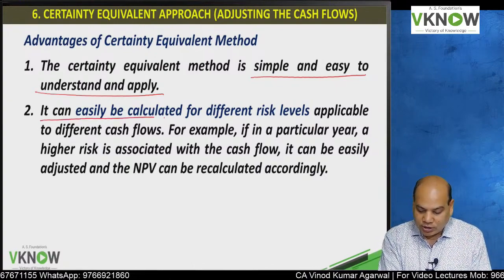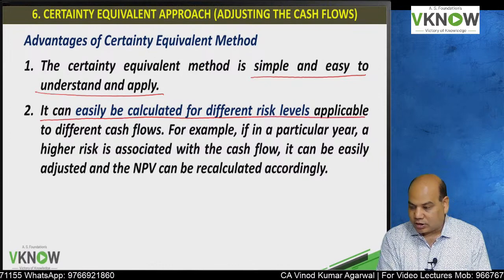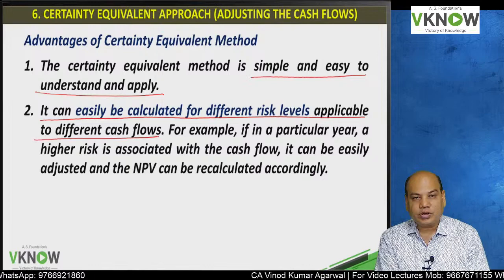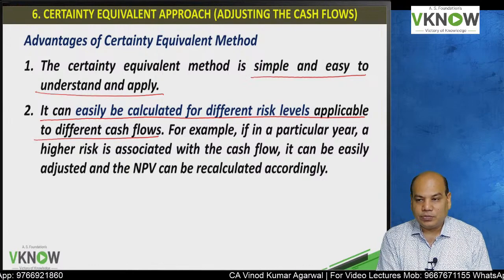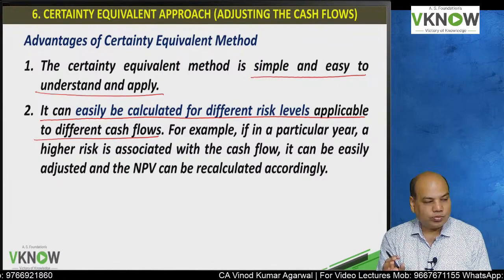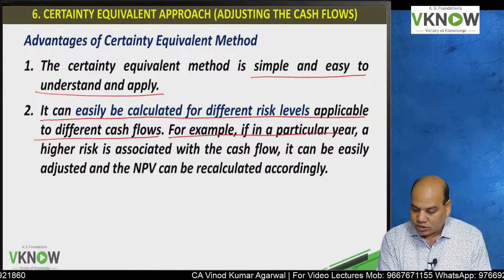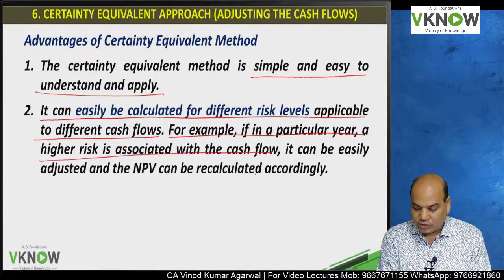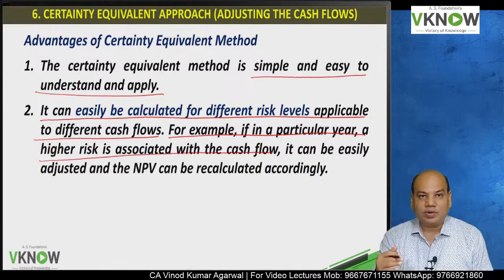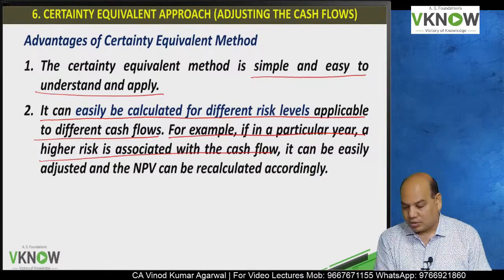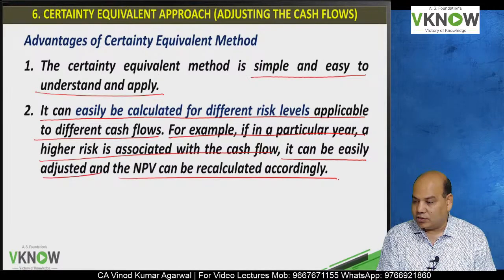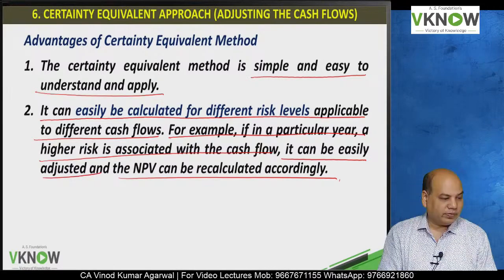It can be easily calculated for different risk levels applicable to different cash flows. If the cash flow is more risky, you can have a lower CC for that, and if the cash flow is less risky, you can have a higher CC for that. And therefore easy to adjust cash flow and easy to calculate NPV using this approach.